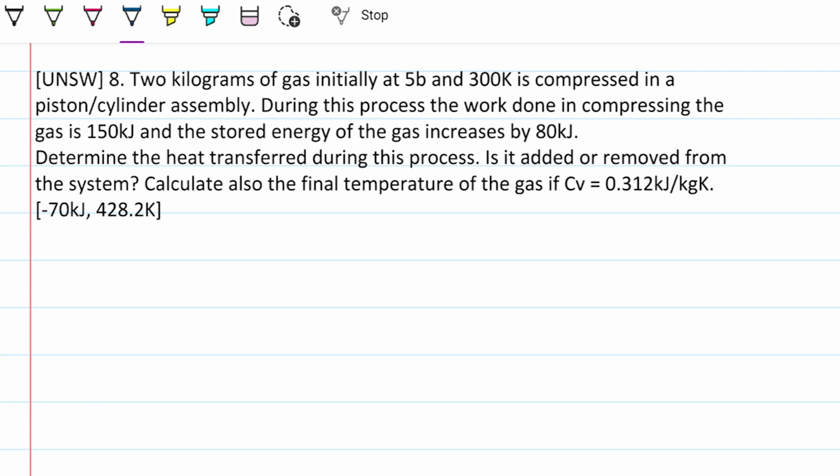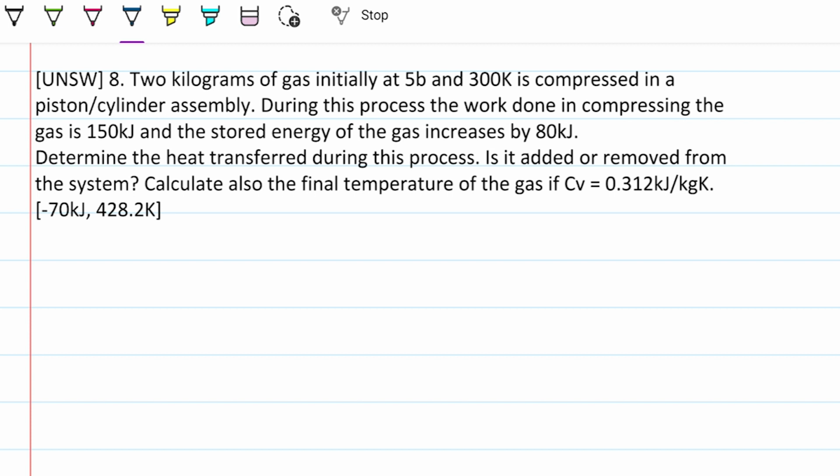Today we're looking at a problem from UNSW concerning thermodynamics, a basic problem, still in the beginning. The problem statement reads: 2 kilograms of gas initially at 5 bar and 300 Kelvin is compressed in a piston cylinder assembly. During this process, the work done in compressing the gas is 150 kilojoules, and the stored energy of the gas increases by 80 kilojoules.